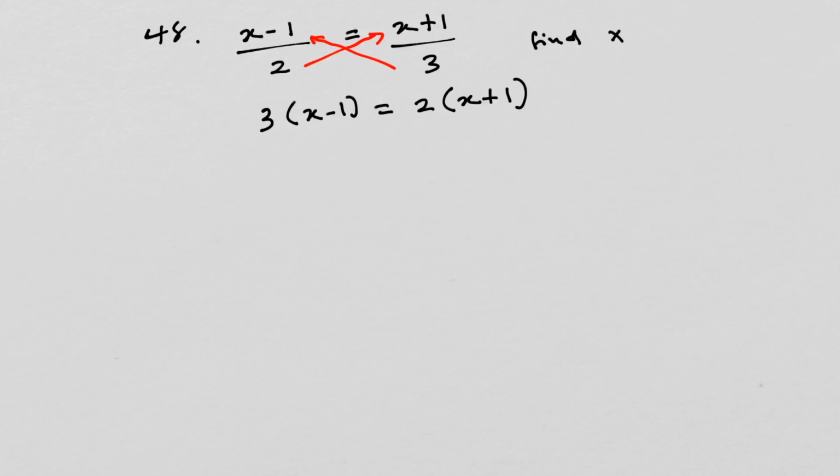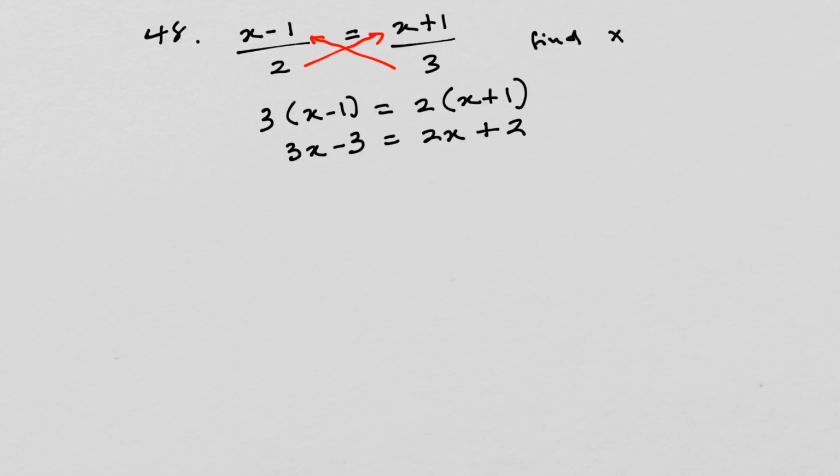We distribute the 3. 3 times x is 3x, and 3 times -1 is -3. We distribute the 2 also. 2 times x is 2x, and 2 times 1 is 2.